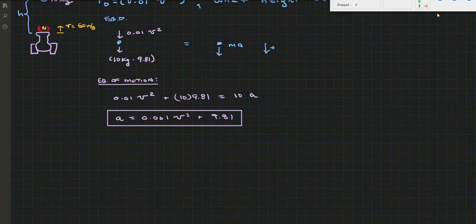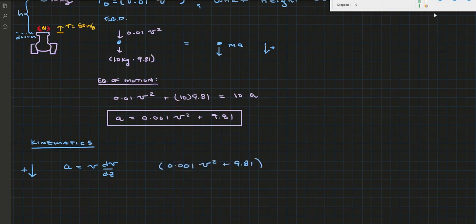Okay, so let's use kinematics to determine our height. Here, the relationship we want to use is acceleration equals v dv dz. Now remember, this is positive, and our datum is the edge of the cannon here that we fire from.